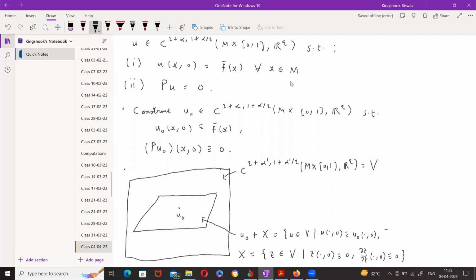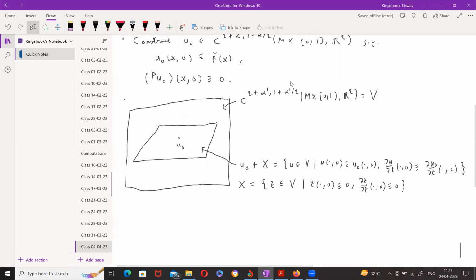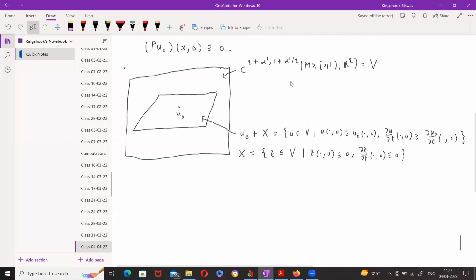And also del U del T at time 0 is going to be identically equal to del U naught del T at time 0. Yes?